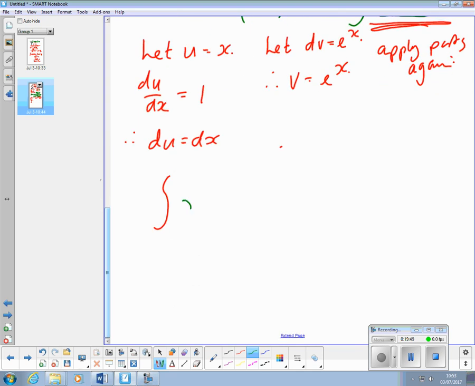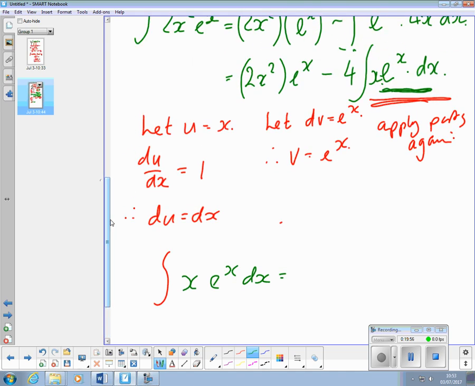The integral of x e to the x dx is equal to, and again now we put these into the parts formula. Because you've chosen u to be equal to this x, yeah, and dv equal e to the x. Alright? So now we're putting these into the parts formula.